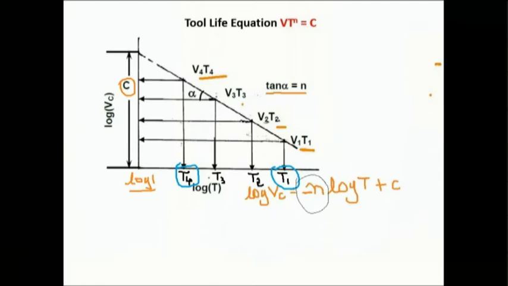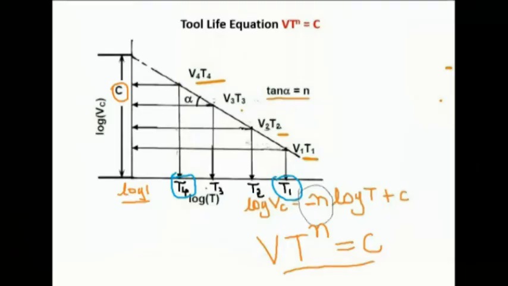Now if we simplify this formula, then by removing the log scale and defining the new constant c, we can write it in a combination like this: V t raised to n is equal to c. That is the formula.